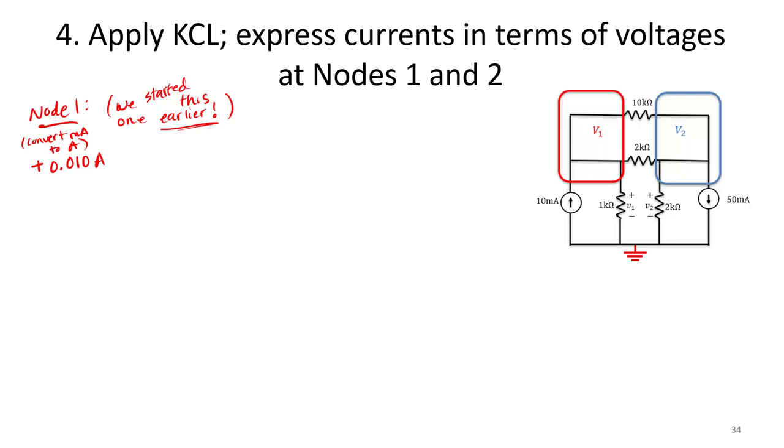But I need to choose current directions for my other resistors. I'm going to assume, so if currents are not given, remember, if current arrows are not given, you should assume a direction and be consistent.